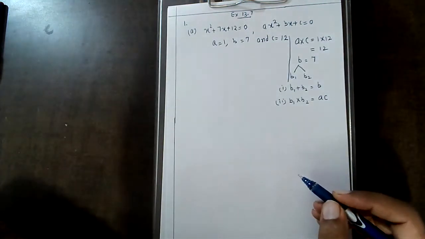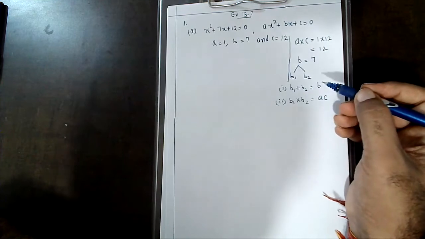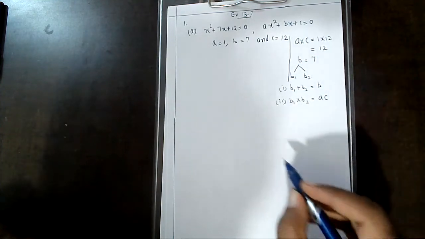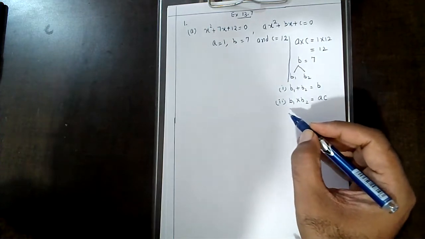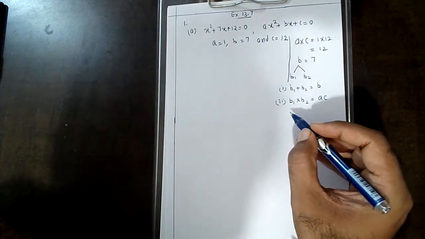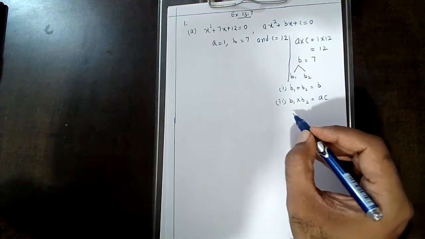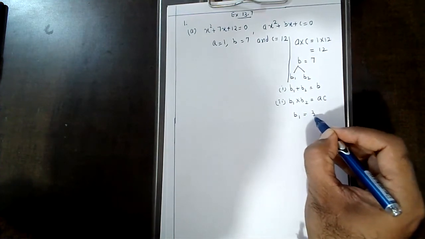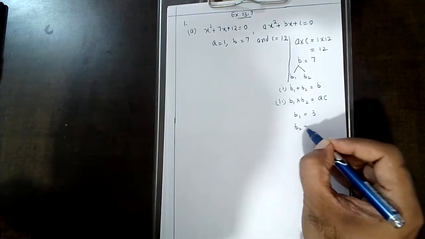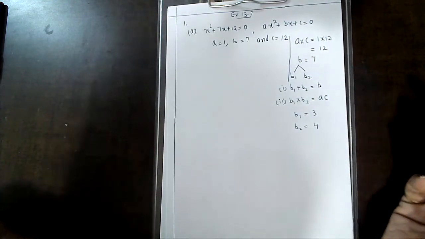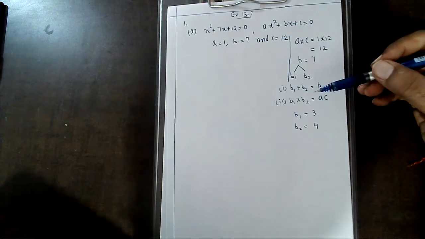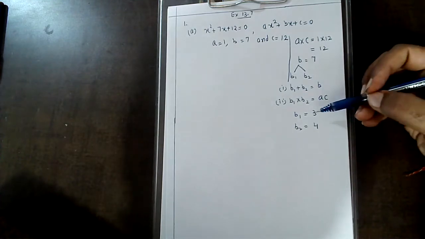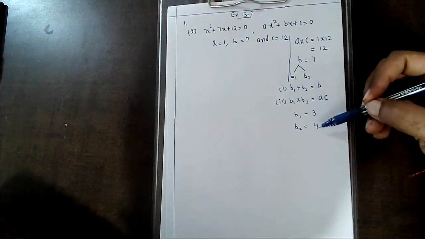Think about it. It is very easy. Now you will find b1 is equal to 3, b2 is equal to 4. Now let us check. Will it satisfy our condition? b1 is 3 and b2 is 4.